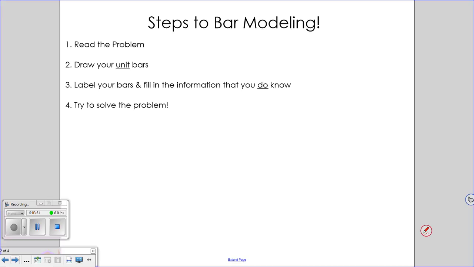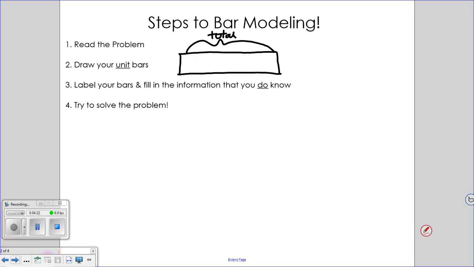What that usually looks like is a long bar that we say represents the total of something. Now we talked last week that we might know the total, we might not, but we know that that big bar represents the total, whether we know it or not.